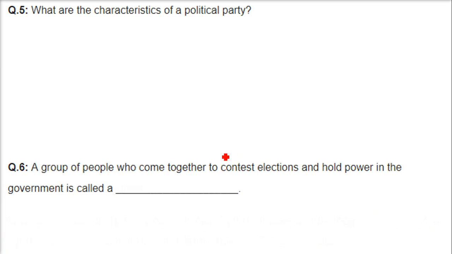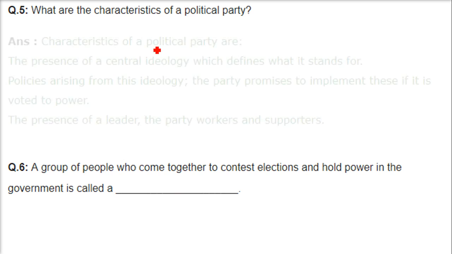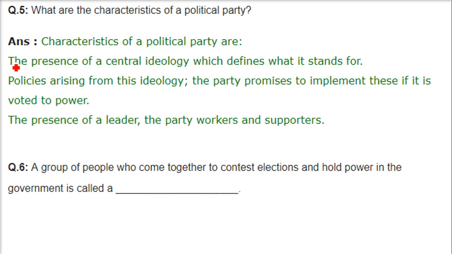What are the characteristics of a political party? First is the presence of a central ideology which defines what it stands for. For example, BJP is for Hindutva and nationalism, the Indian National Congress for secularism and upliftment of weaker sections, CPI and CPIM for the Mazdoors, that is the laborers and the farmers.